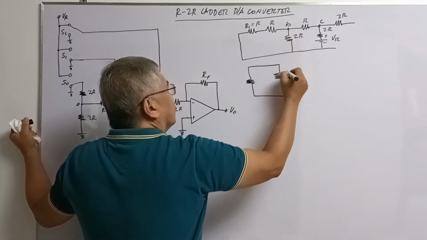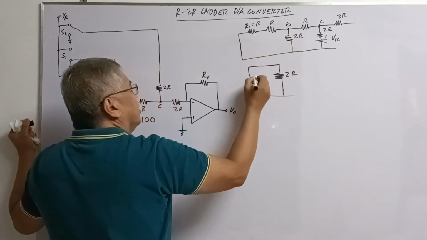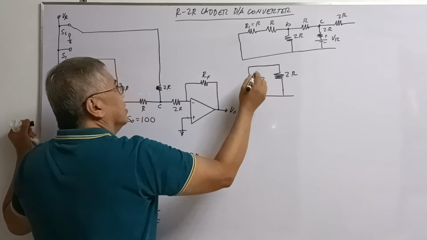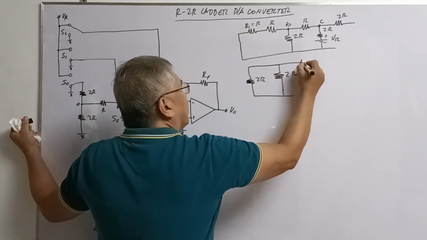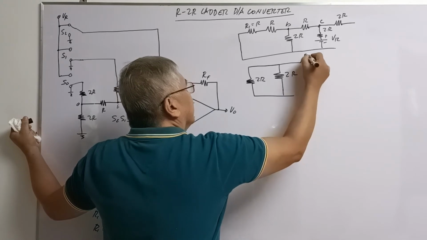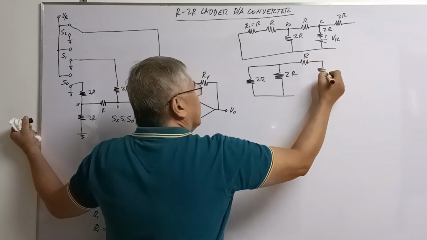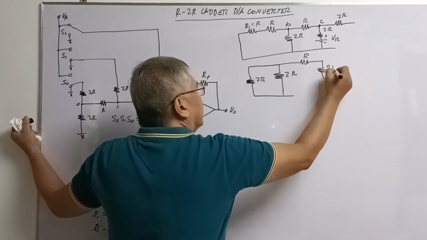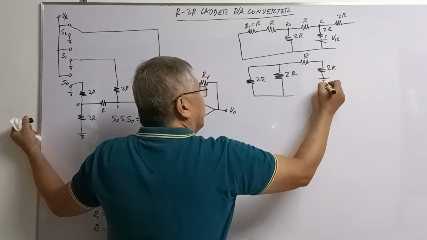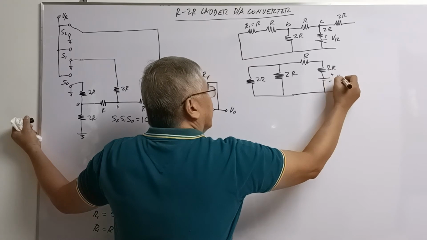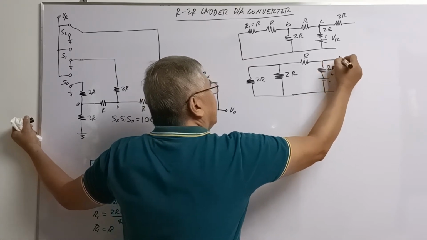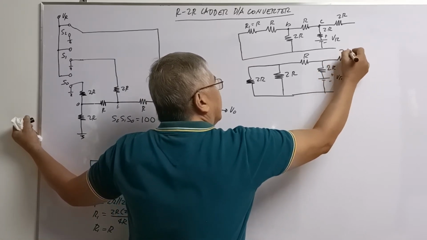This is your 2R, and you have here your 2R. R plus R is 2R. And then you have R, then 2R, and your VR. Then you have again your 2R.